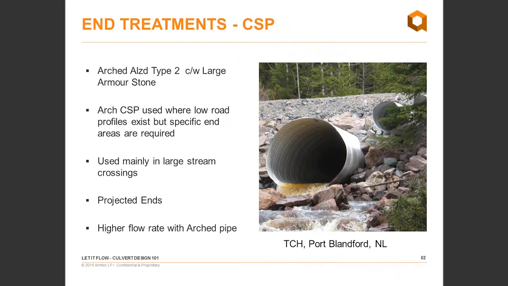This was a location that was on the Trans-Canada Trailway, and when it let go there, it took out the Trans-Canada as well. So this was what was put back there. It had increased the higher flow rate with the arch pipe, and also you can see that there were a couple overflow pipes put in there as well.